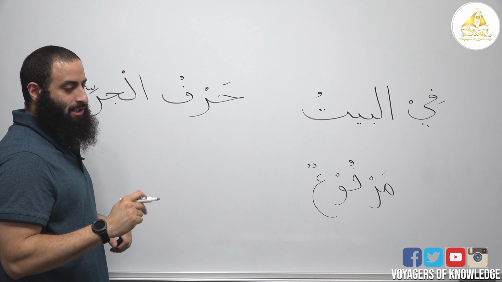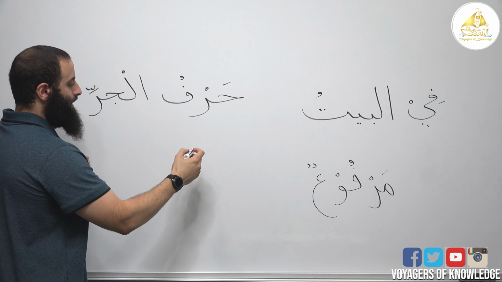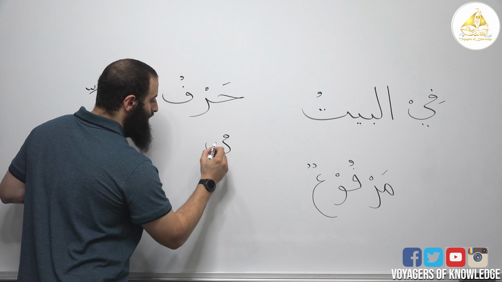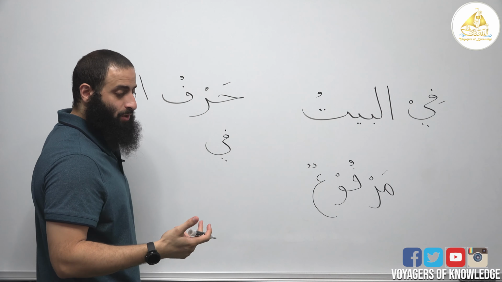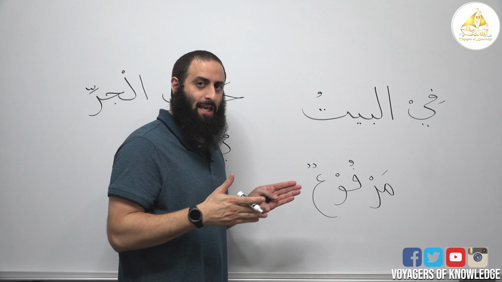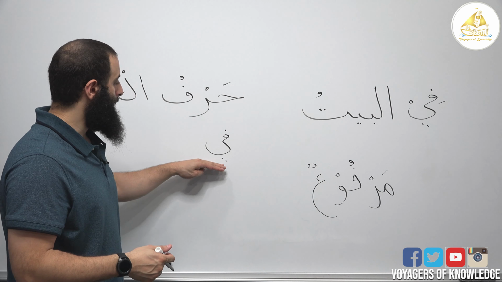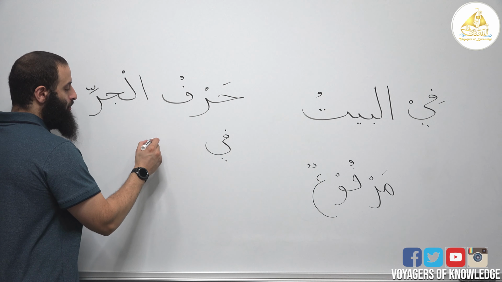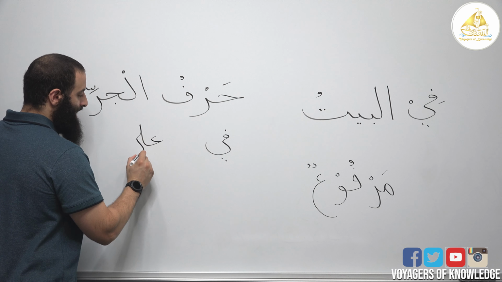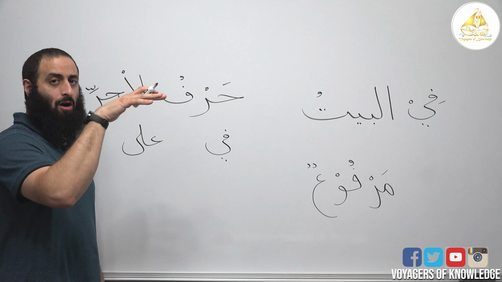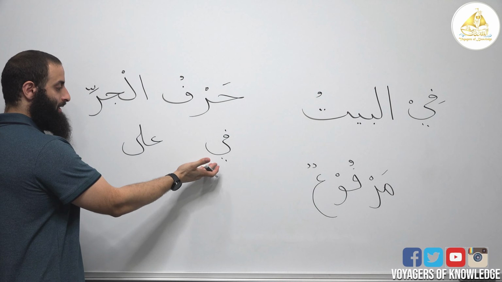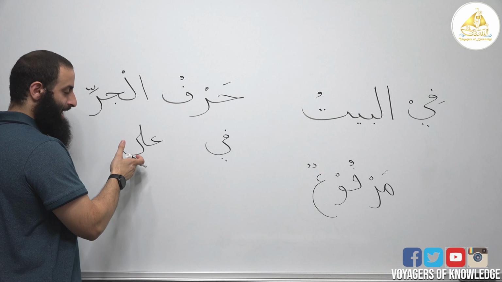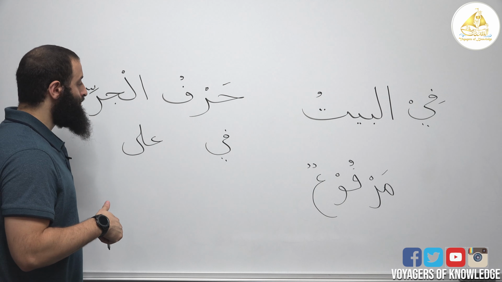And we're going to take actually two of them today, and I'll write them down right here for you. We're going to take fi, which firstly, the meaning of the word fi means in. So fi means in. We'll take another one today, and it means ala, and that means on. Fi, in, ala is on. Okay?